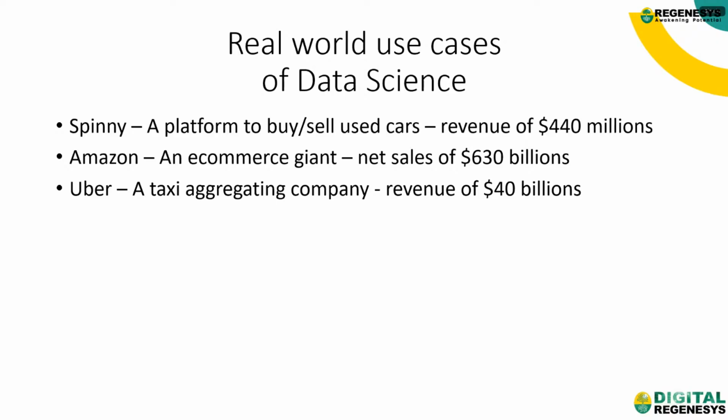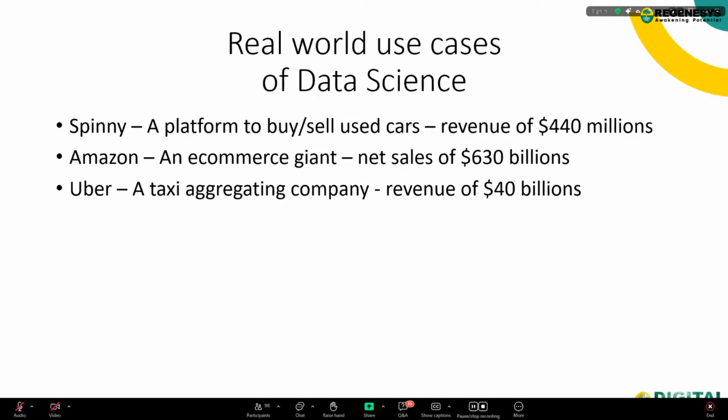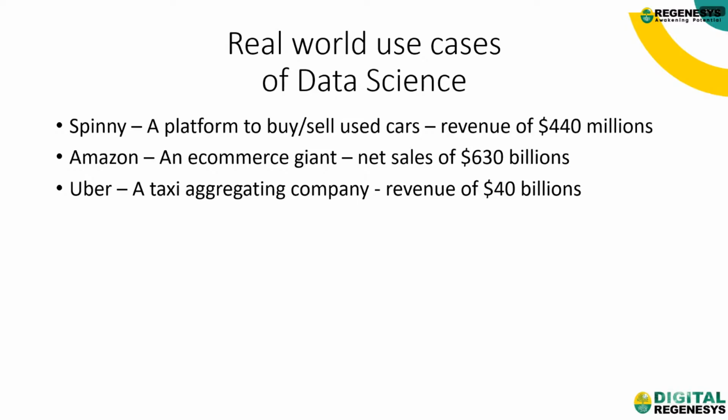Then you have Amazon, an e-commerce giant. We will see how it is using data science, and its net sale is about 630 billion dollars. The third example is Uber, a taxi aggregating company whose revenue was about $40 billion.